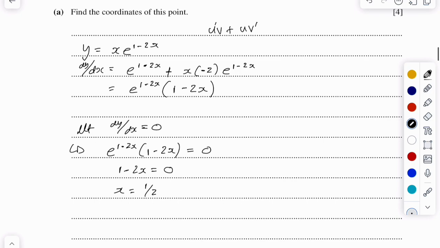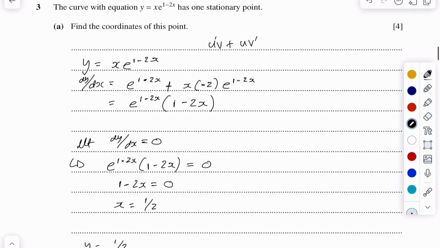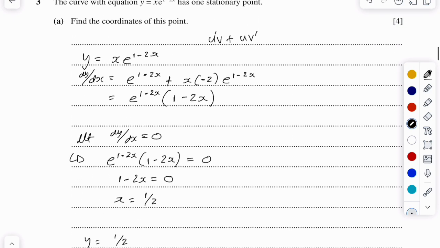Okay, so all we have to do now is plug that in. So y then is equal to a half, e to the 1 minus 2 times a half, which equals what?